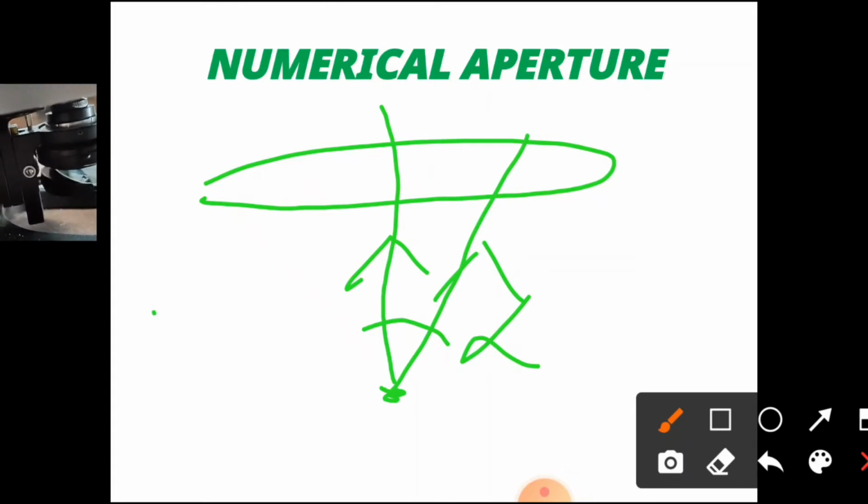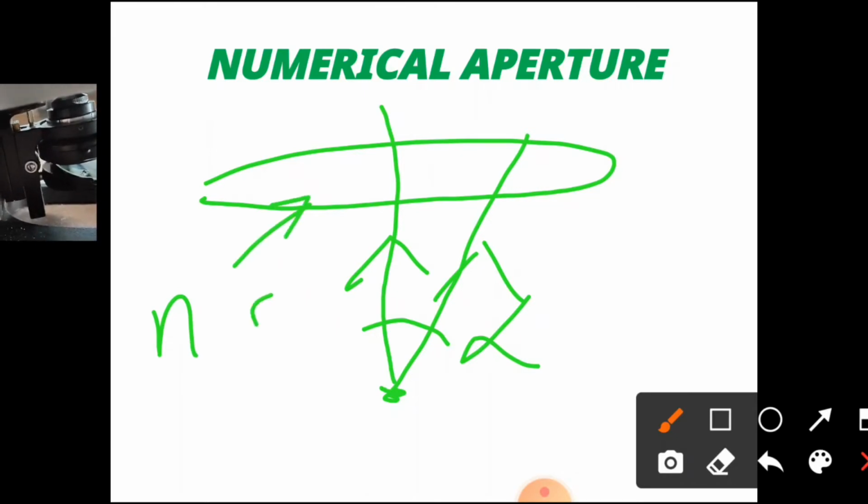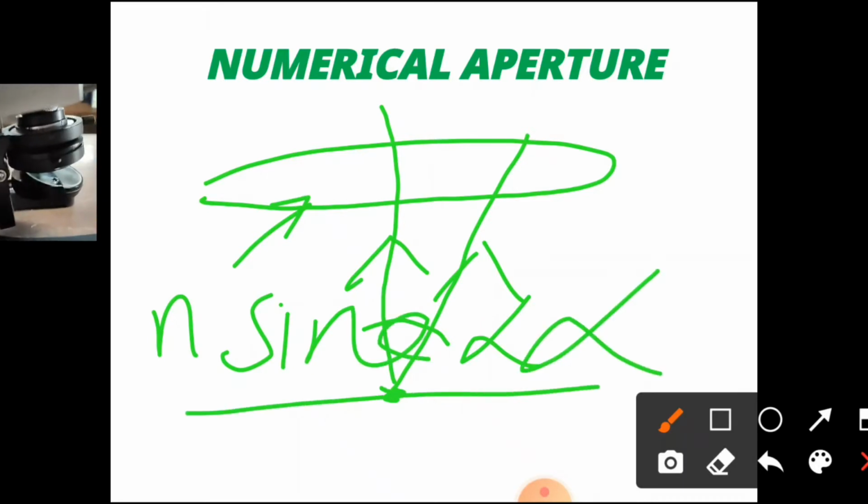Now, n is the refractive index of that lens. n sin alpha is the numerical aperture.